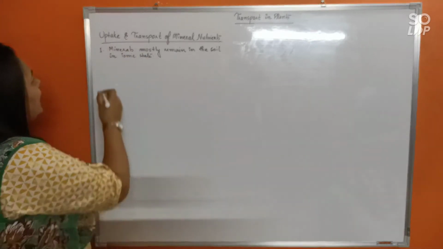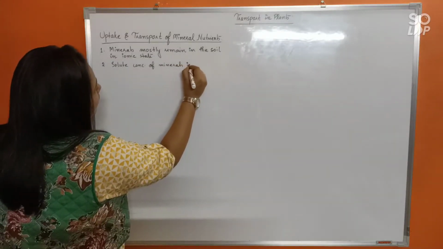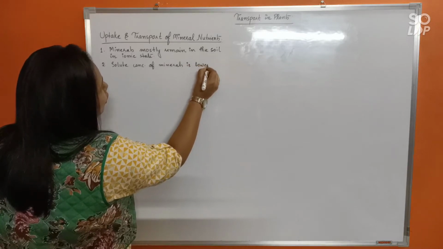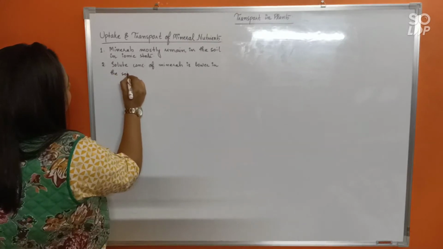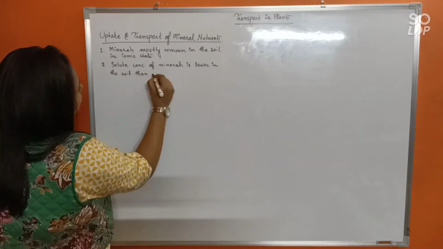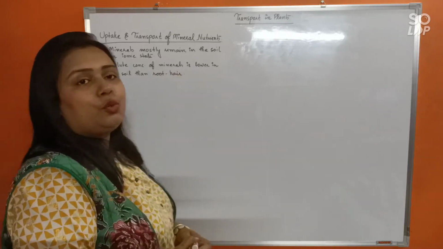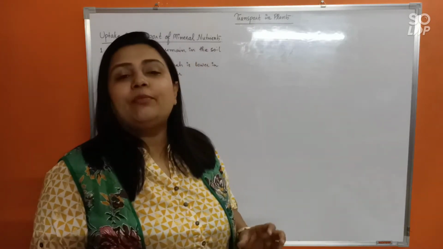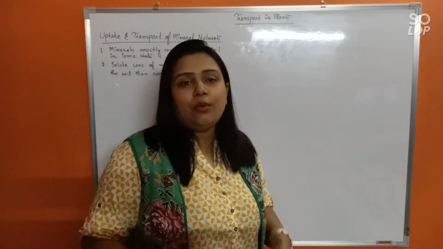Another reason is that solute concentration of minerals is lower in the soil than root hair. So root hair, as you know very well, will have more solute concentration in comparison to the soil found in the surrounding.